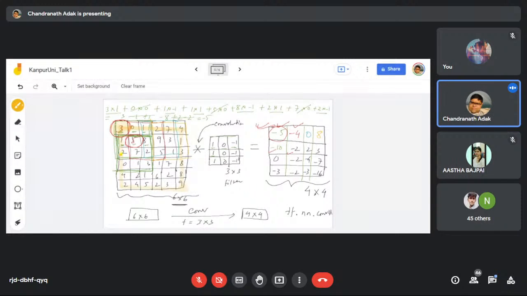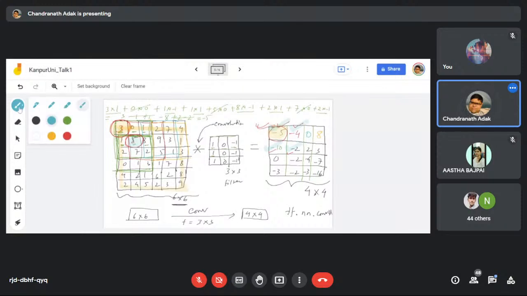Is it clear with everyone? This 3 is only used to calculate this -5, but this 5 is used to calculate this -5, this -4, this -10, this -2.